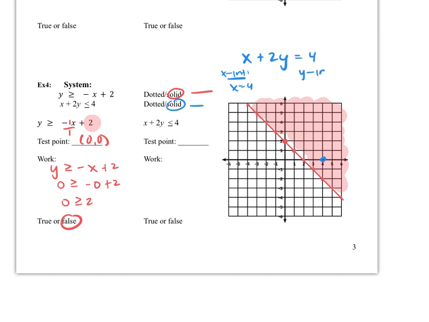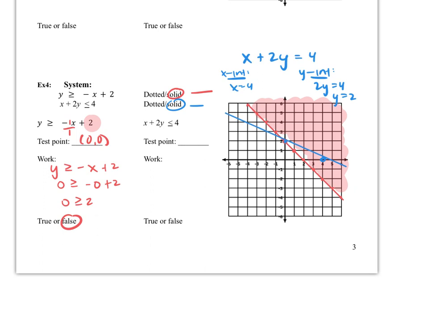To find my y-intercept, that means that it lives along this line, which has an x-coordinate of 0. So if I make x 0, my mini equation is 2y equals 4. And if I divide by 2 on both sides, I get y equals 2. And I'm also going to connect that with a solid line. Going to look something like this.